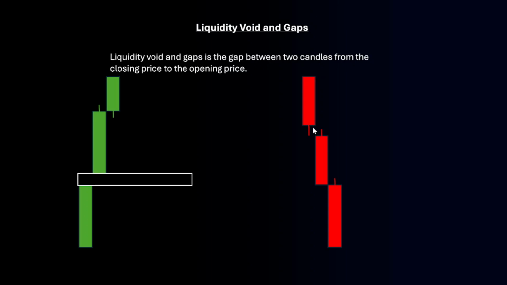Since there's no full candle close, only a wick, we'll call it a liquidity gap, not a liquidity void. They have different price reactions when price trades to either of them. With a liquidity void, price will look to fill it completely, while with a liquidity gap, price will look to react from it, only treating it as a reference point, not to fill the gap completely, because price already traded through the liquidity void. Now it's a gap in price. Make sure you mark out areas like this on your chart.